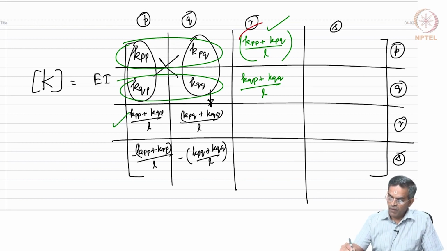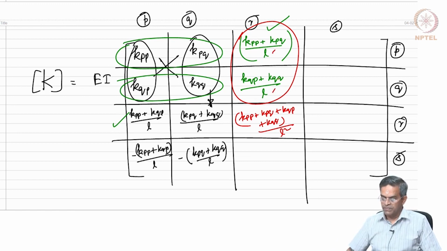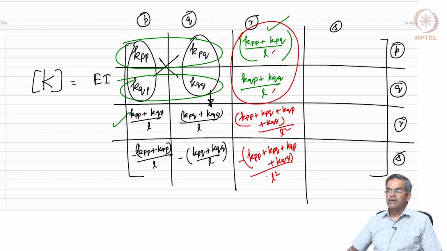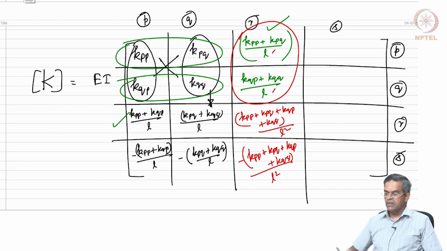Then the sum of these two by L further is here, which is KPP plus KPQ plus KQP plus KQQ by L square, because there is already an L here, I am dividing it further by L, and the fourth one is the negative of this. The fourth column is very straightforward, the negative of the third column.